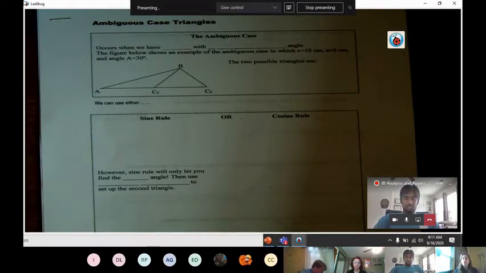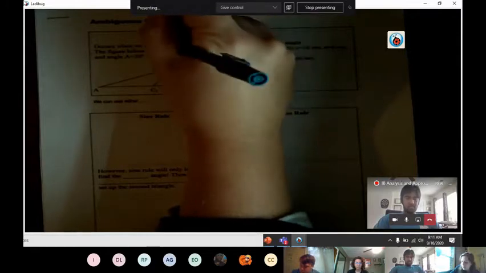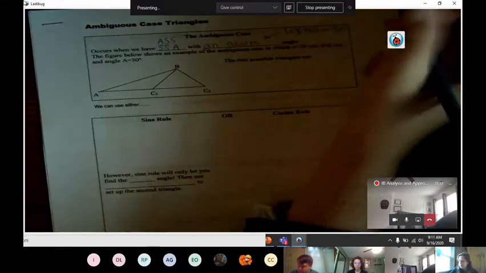Okay, so the ambiguous case is going to occur when we either have side-side-angle or angle-side-side with an acute angle, which means less than 90 degrees.